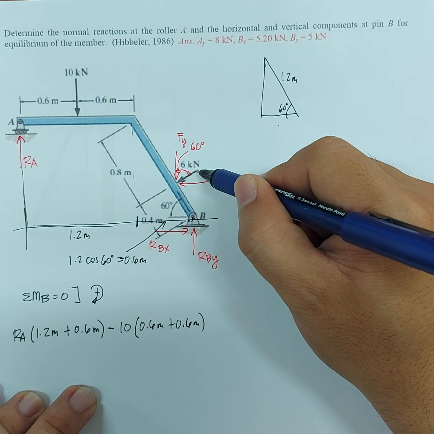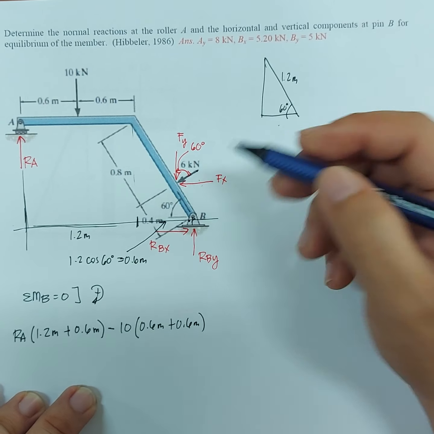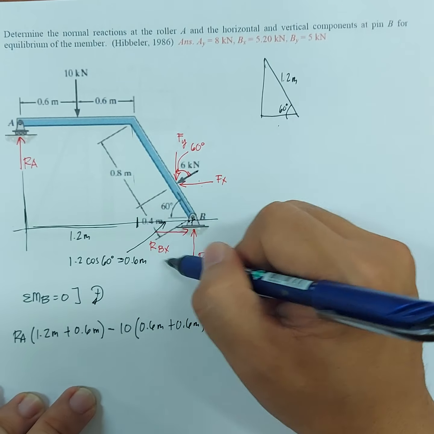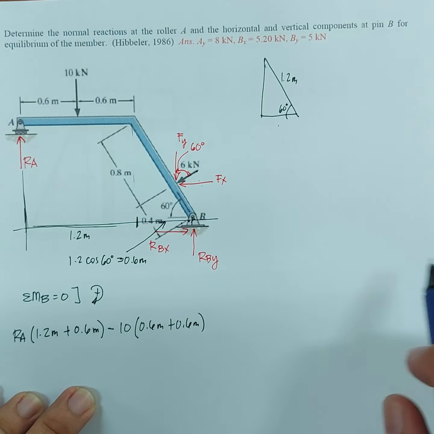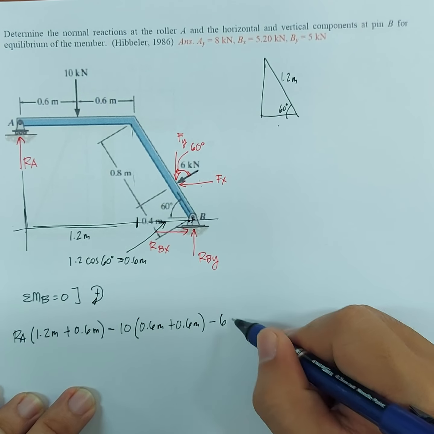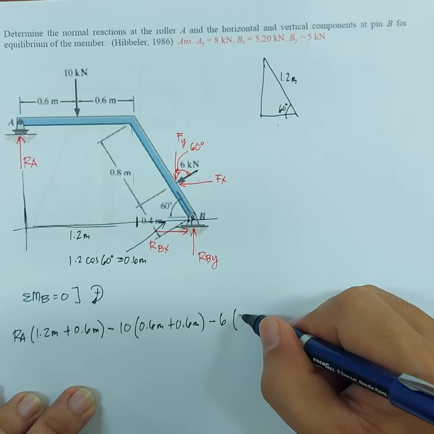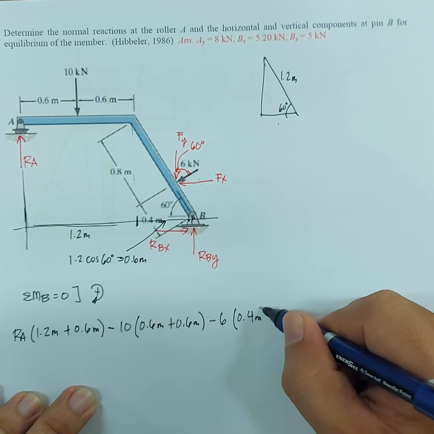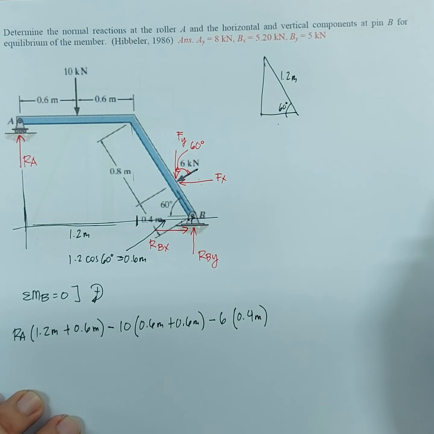So, yung moment ng 6 kilonewton force about B, it creates a counterclockwise moment. So, that should be subtractive. So, minus 6 times 0.4. Yun na yung perpendicular distance, meters.